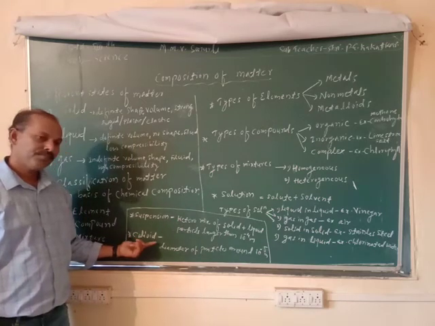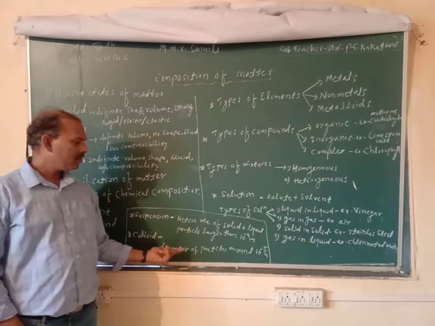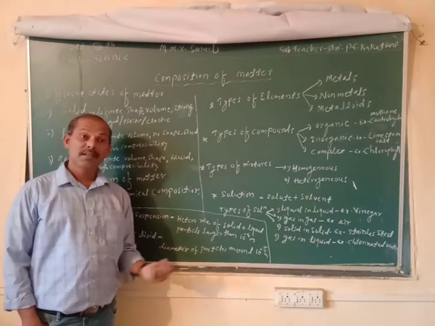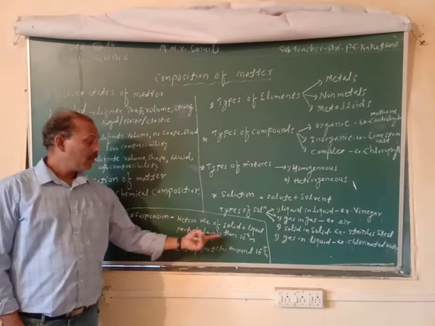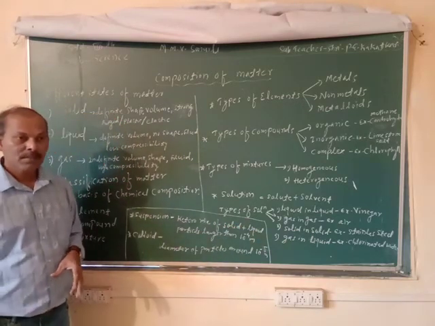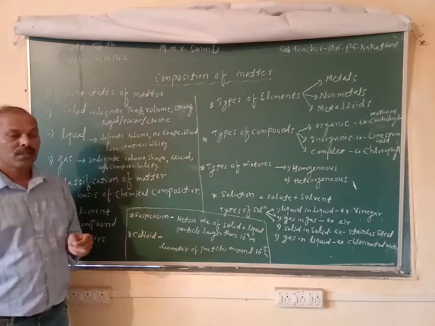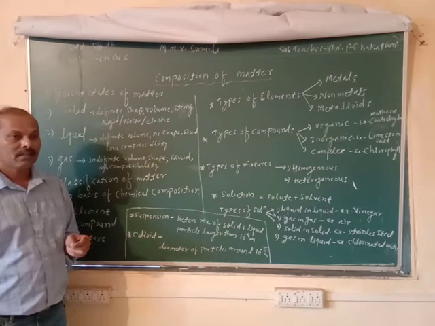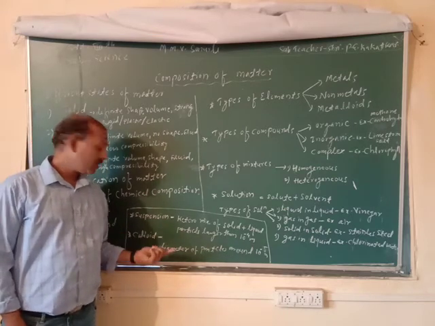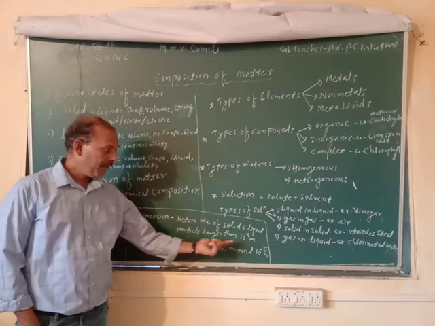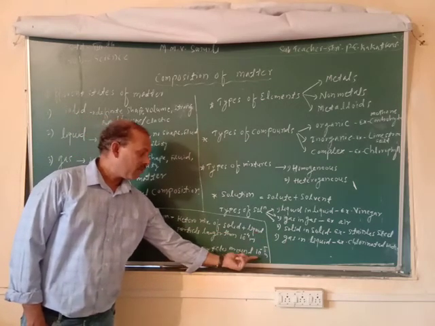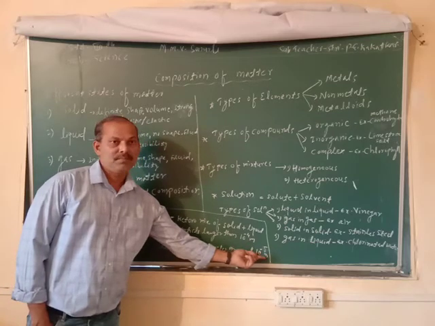Then colloid. A colloid is also a heterogeneous mixture, but in this a solid and liquid are mixed with each other, and the particles suspended in this colloid are around 10⁻⁵ m.